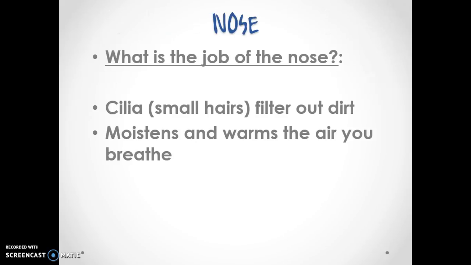Firstly, the nose. Our nose contains cilia, which function to filter out dirt, and it moistens and warms the air when you breathe. That's the job of the nose. It filters out any kind of foreign substance that enters your nose.